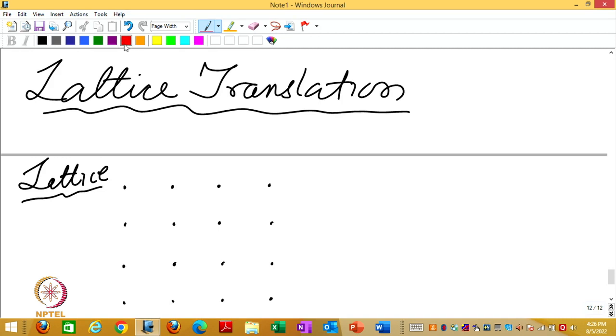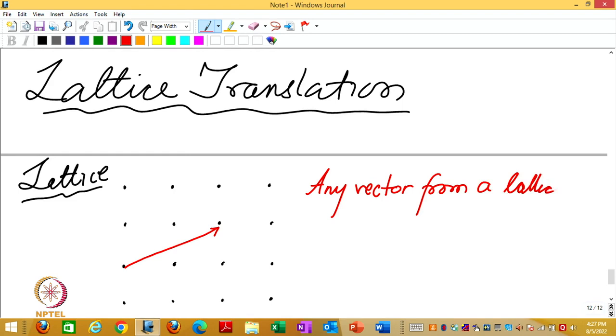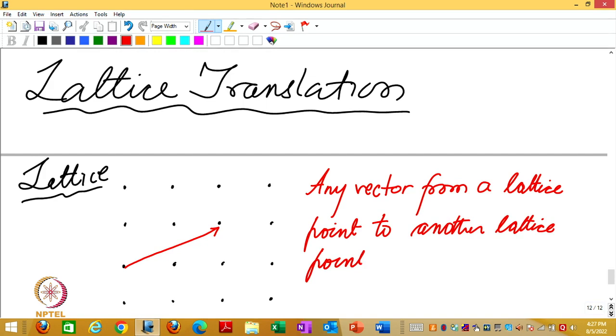Then any vector I choose from one lattice point to another lattice point is a lattice translation.